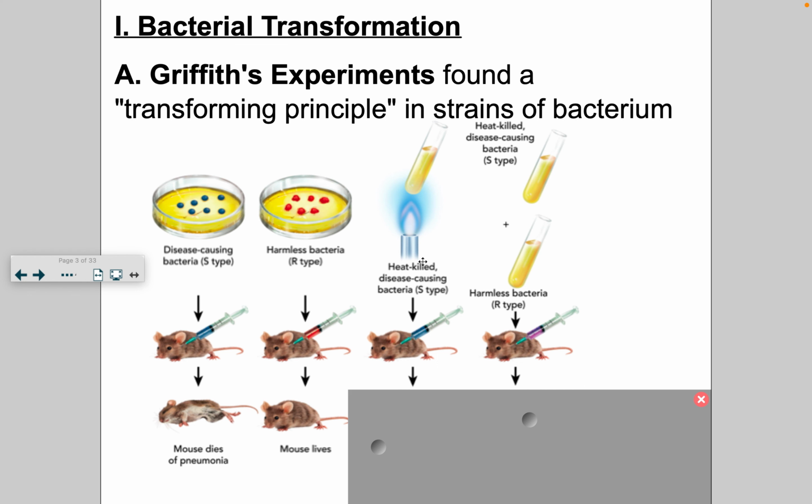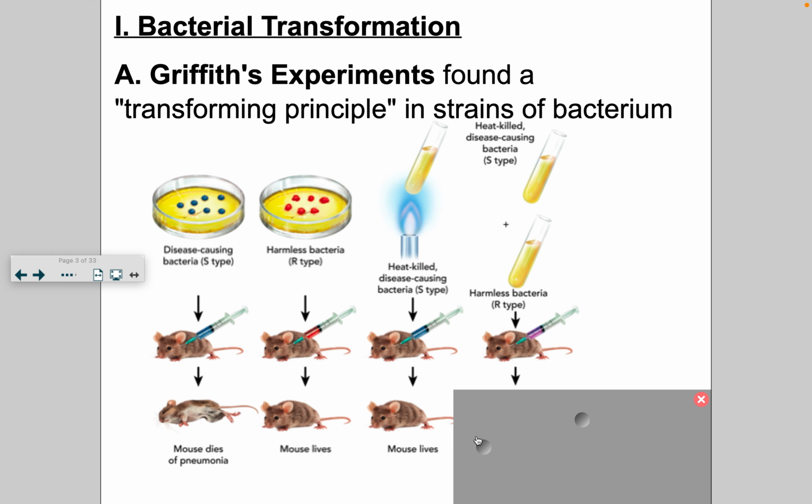Now, bacteria can be killed in a variety of different ways, and one of them is temperature. So if you raise the temperature high enough, the bacteria will die, and we use this for sanitation purposes today. So what Griffith did is he killed the disease-causing bacteria. He killed it, injected it into the mouse, and the mouse lived.